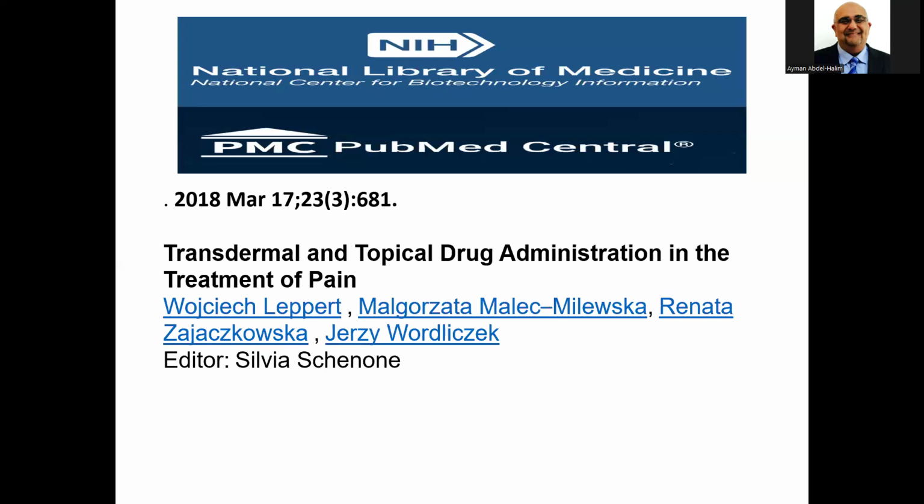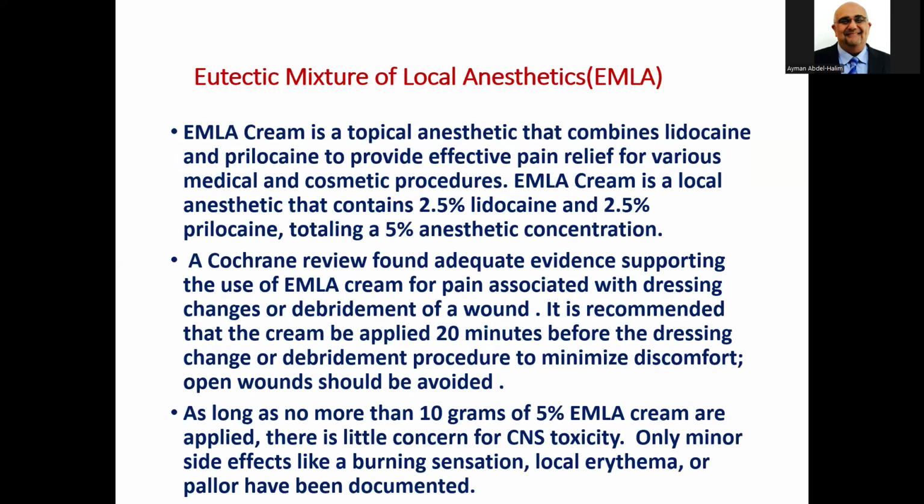Another article here: transdermal and topical drug administration in treatment of pain. You can look up this one. Another one is the eutectic mixture of local anesthetic, and this is basically a cream called the EMLA cream. It's available in Egypt, by the way, under the name of Pridocaine.